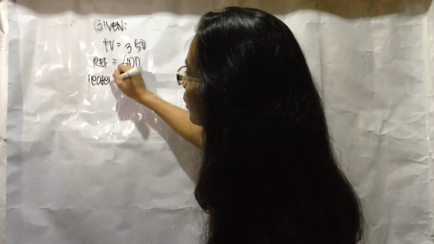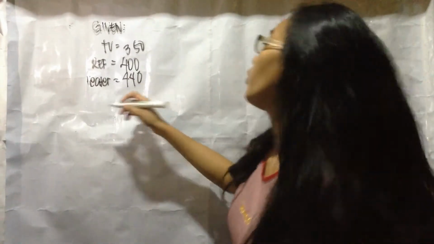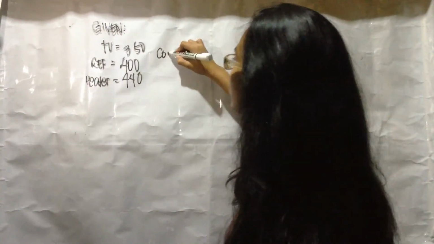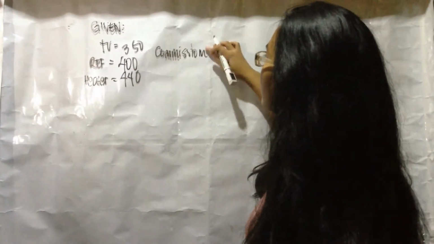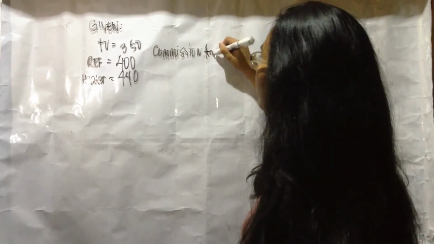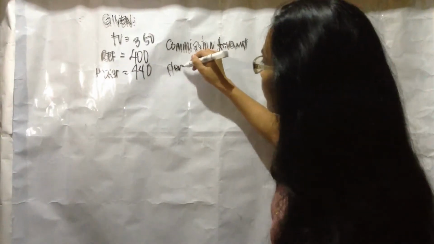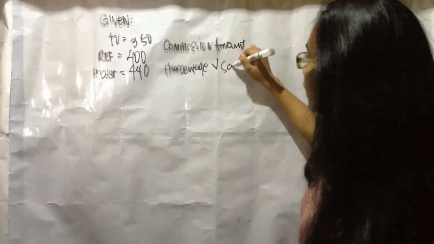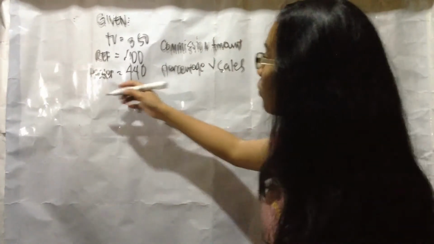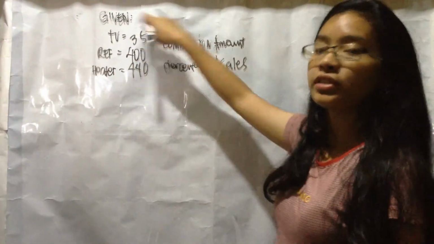Heater is 440. So let's find out the commission amount. So percentage times sale. So percentage times sales. Ito yung sales.